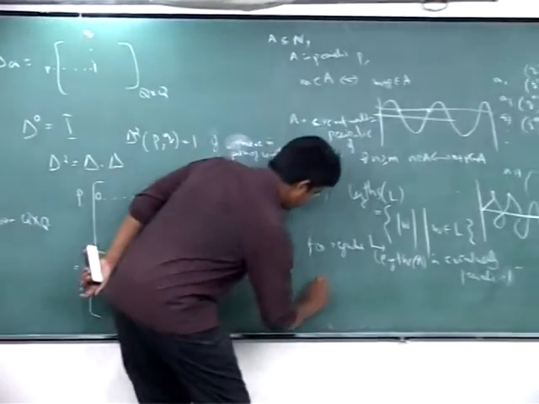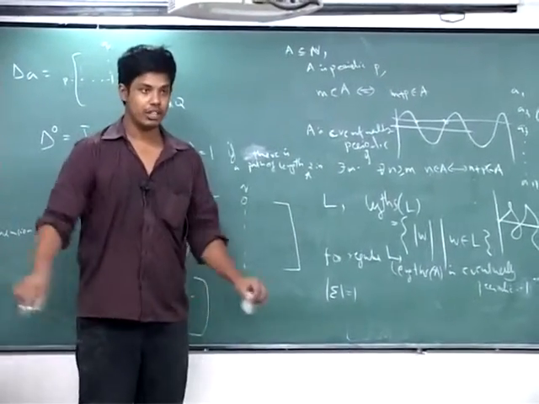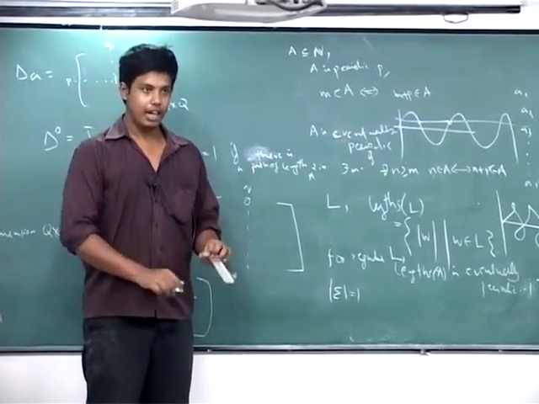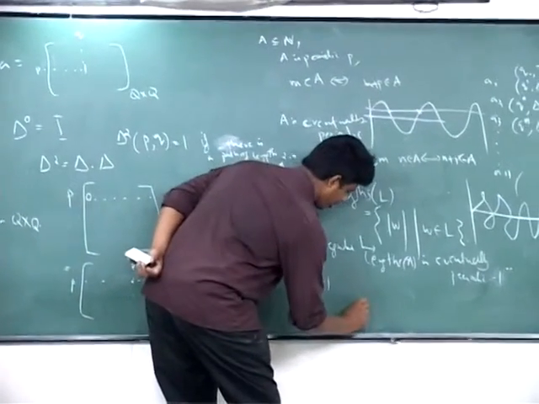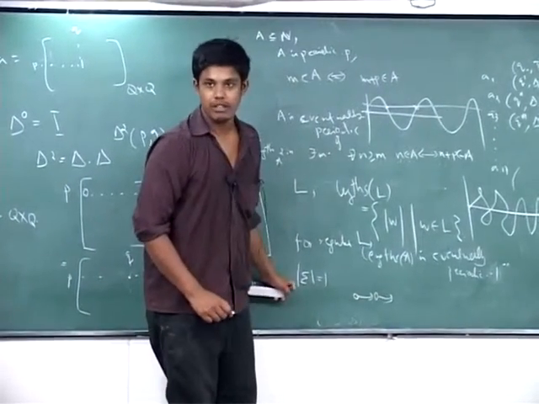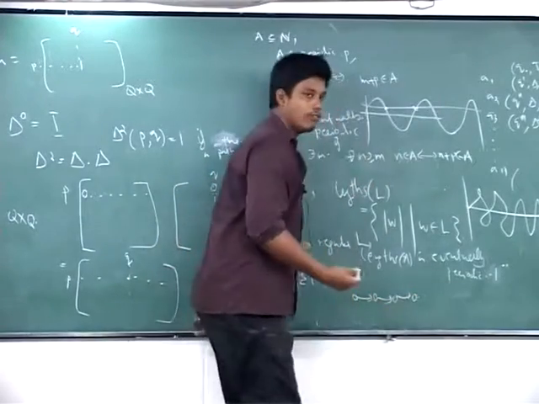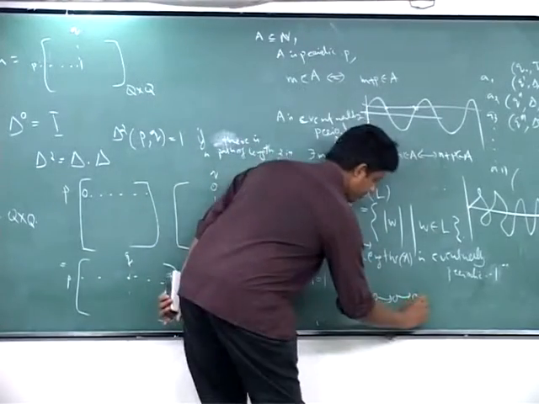Let's do it for when the size of sigma is 1, when your alphabet is unary. Then I claim that any deterministic finite state automaton over sigma will look like this. It will start off like this, and then it can't go on forever. It has to fall back onto itself.